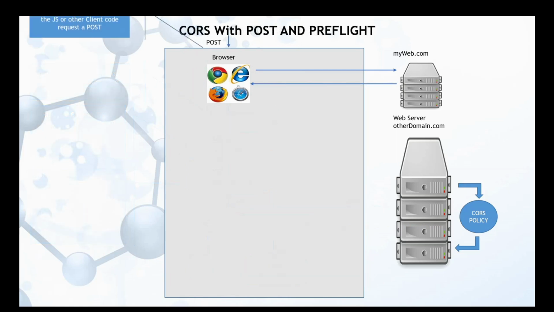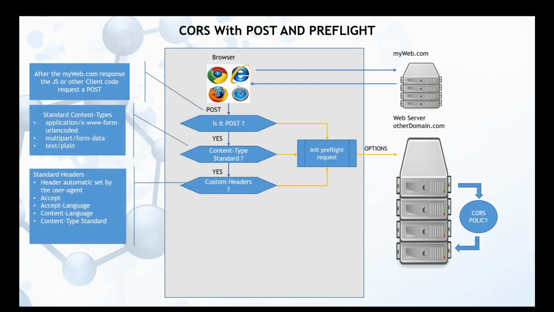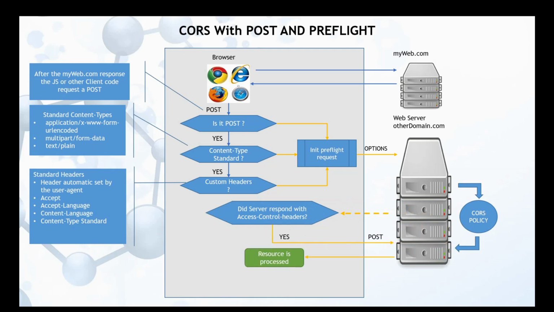If the POST in the previous example does not fulfill the browser conditions, then a preflight request is sent to the server using the verb OPTIONS. The preflight, as in the previous example with GET, has the original request information and asks the server if it is authorized to send the real requested operation. If the server authorizes it, the original POST is sent to the server and the requested resource is sent back to the browser.